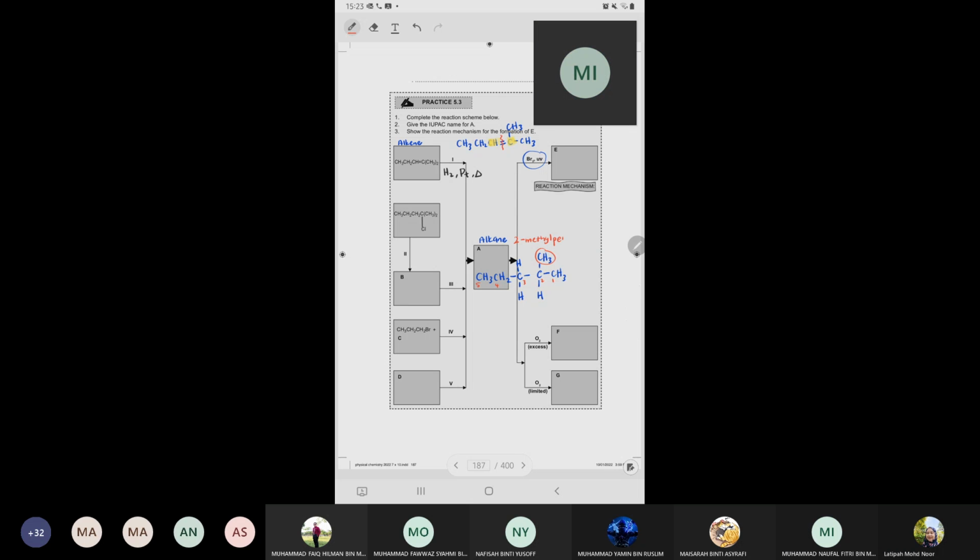Okay. Meth, eth, prop, but, pent, hex, hept, oct, non, dec. Okay, 10. Awak kena ingat. Okay, so the name is 2-methylpentane. Okay, now we know what is the alkane form.